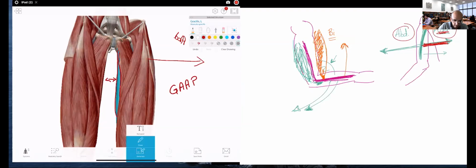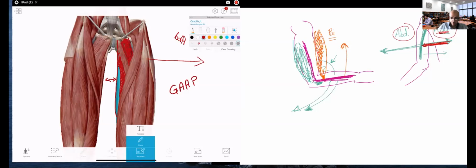The first muscle here is going to be my gracilis muscle. And then I will see a smaller part of a large muscle. This is called my adductor magnus. And then I have another muscle on here, adductor longus. And finally, the fourth that we need to identify is going to be the pectineus.